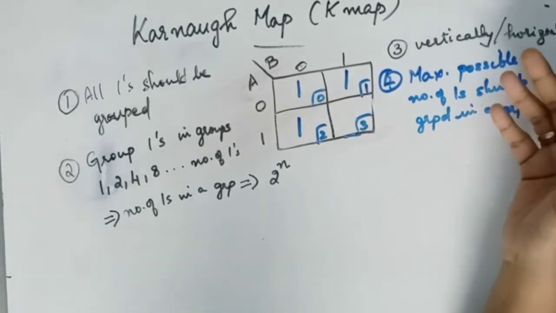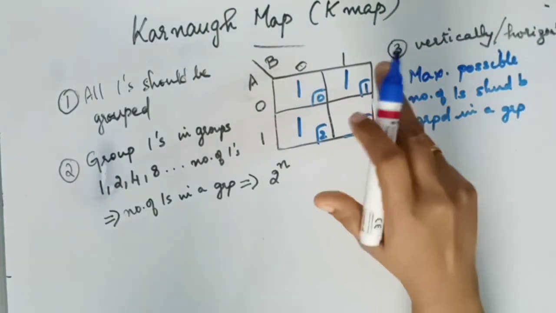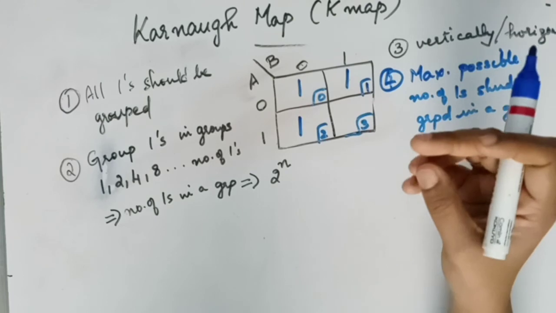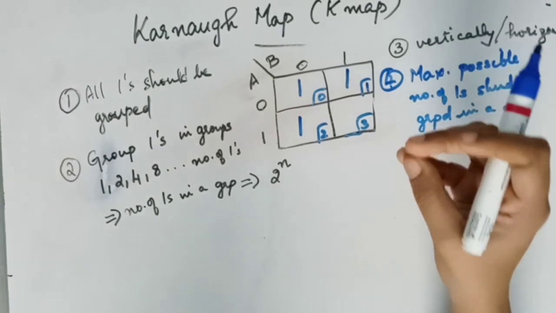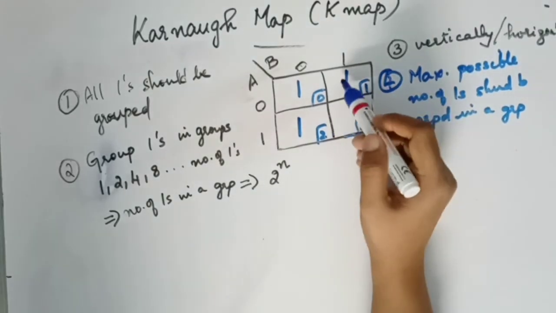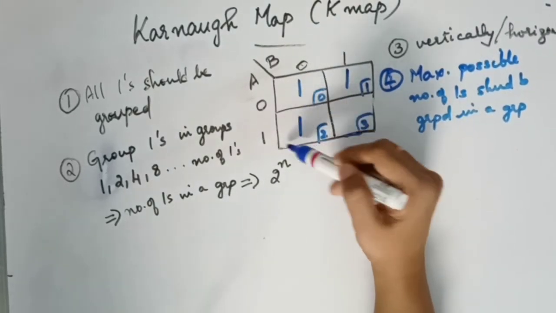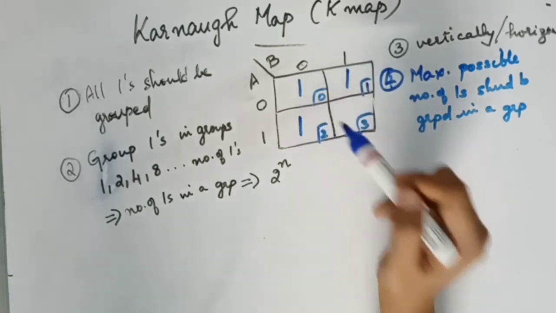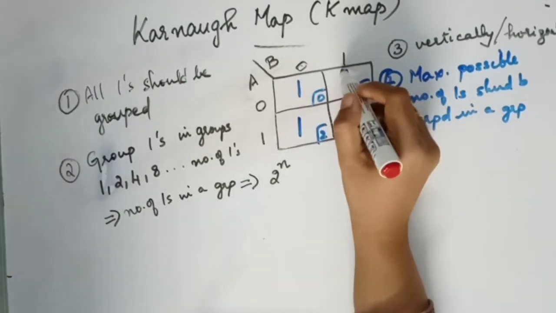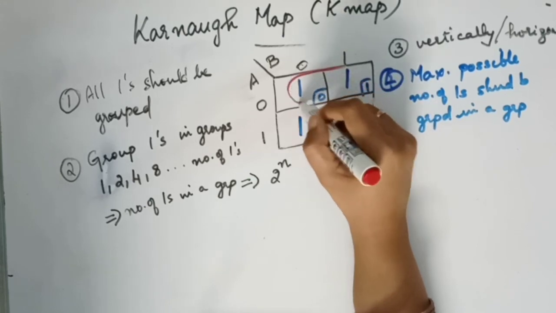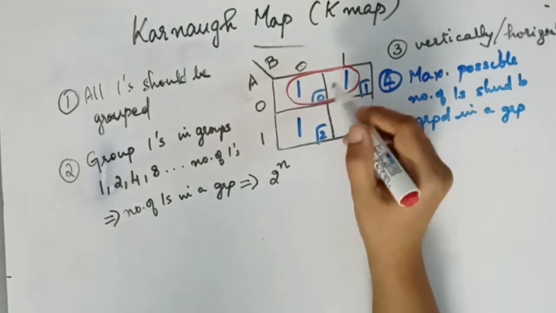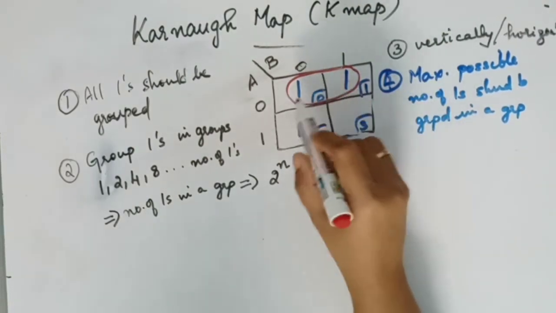But if it's possible to group 8 ones, then you should go for the 8, not the 4. Okay, so if you can group 2 ones together, then you should go for 2 ones and not single ones. So here again, you can group it single, but you can also group it in groups of 2. So these 2 ones I can group like this. Okay, instead of single ones, I can group it together.